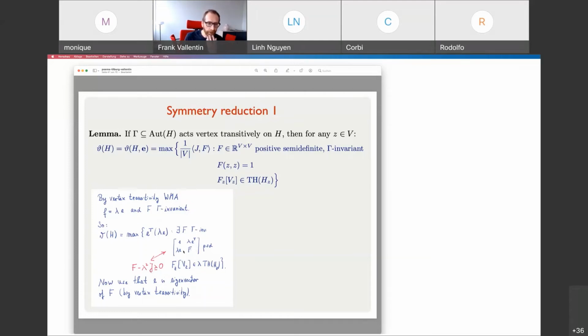And then, the last argument I want to sketch: because we have a vertex transitive action, we see that the all-1 vector is an eigenvector. And because of this, we can get rid of the border and we can get rid of the lambda here. And then we get a slightly simpler formulation of the theta number. So that's the first part of our symmetry reduction.